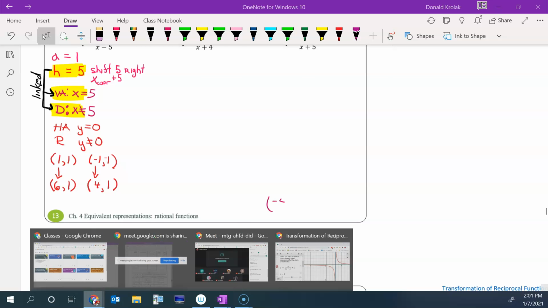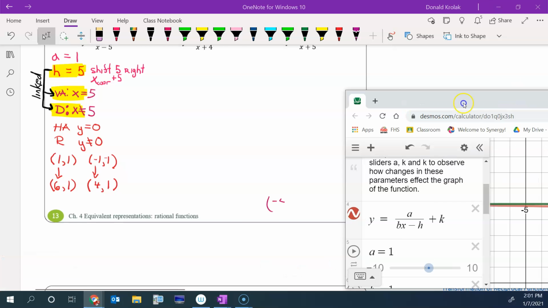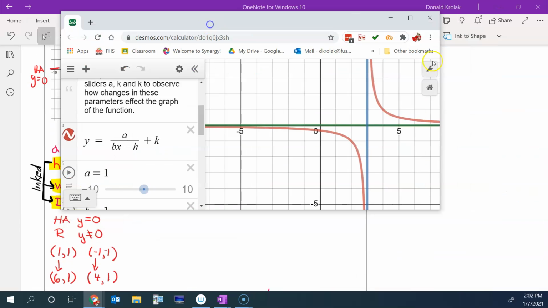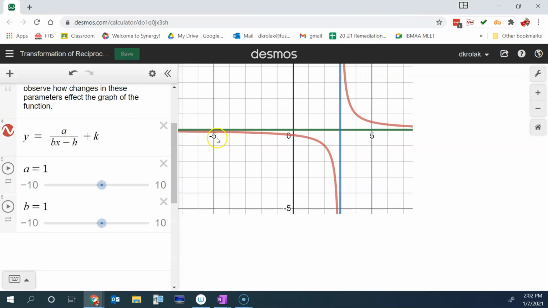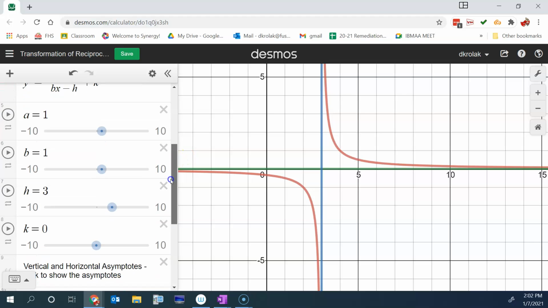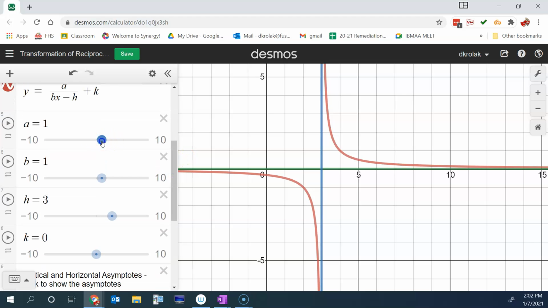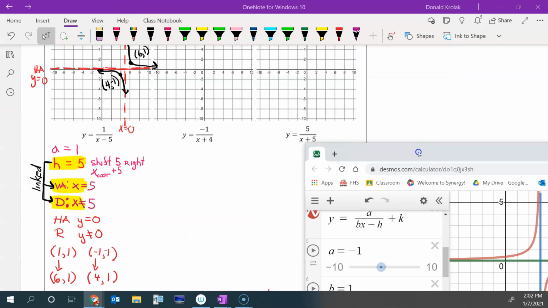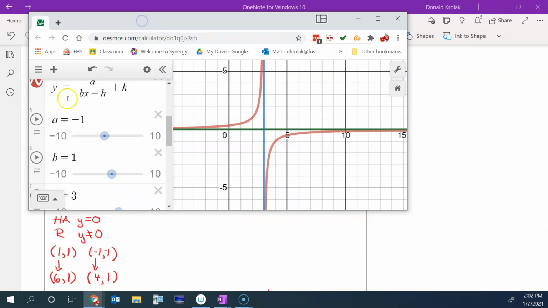Okay, so let's take a look at this graph when we flip it. So I'm looking at a 4 and a -1. Okay. All right, so when I make a -1, all it does is it flips this to the second quadrant and the fourth quadrant. It didn't stretch it at all, it just flipped it. And now when I turn H into, I want it to be a +4.